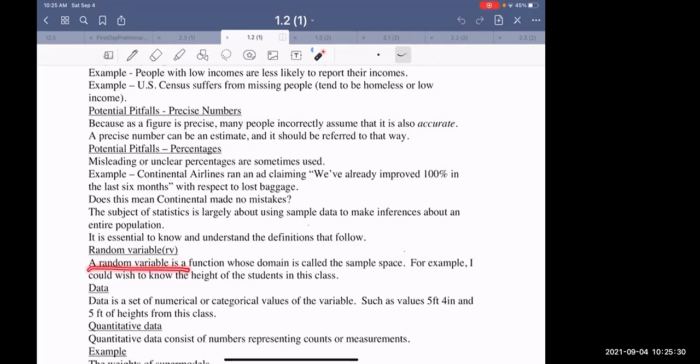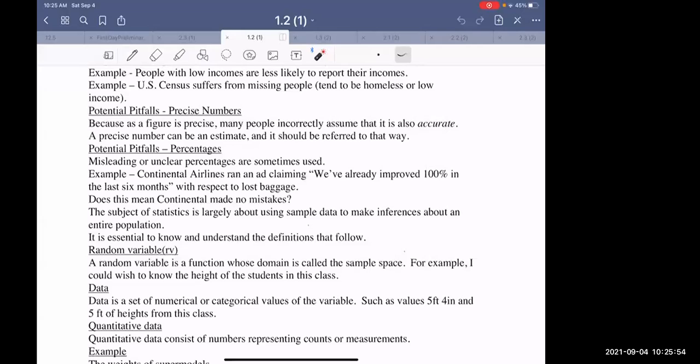A random variable is a function whose domain is called the sample space. For example, I wish to know the heights of students in this class. So height, in this case, will be my random variable.